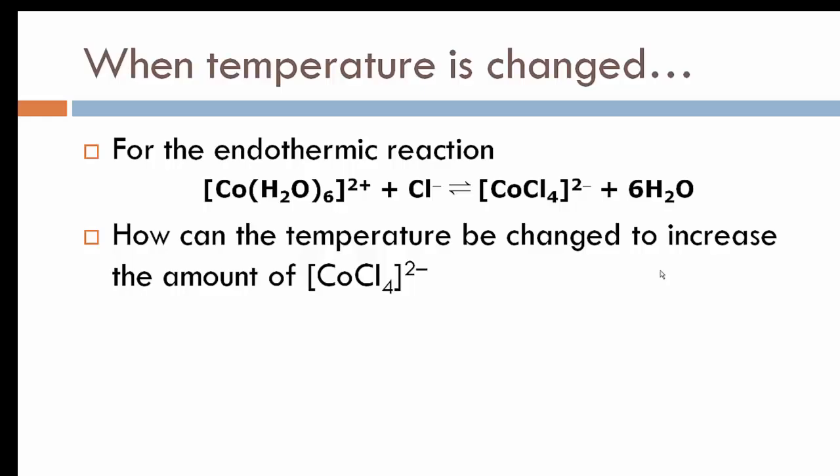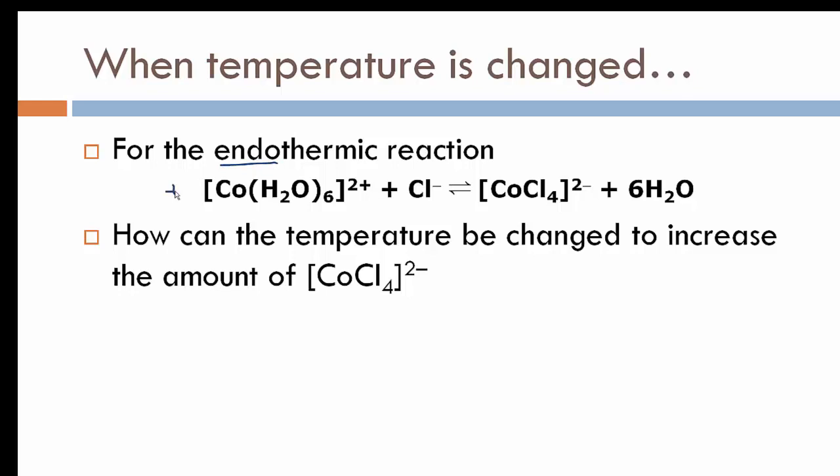Here's an example. This is an endothermic reaction. How can you change temperature to increase the amount of cobalt chloride that's formed by this reaction? Okay, so think about this. You have a reaction. This is what I think would probably be best for you to do. First of all, it's endothermic.